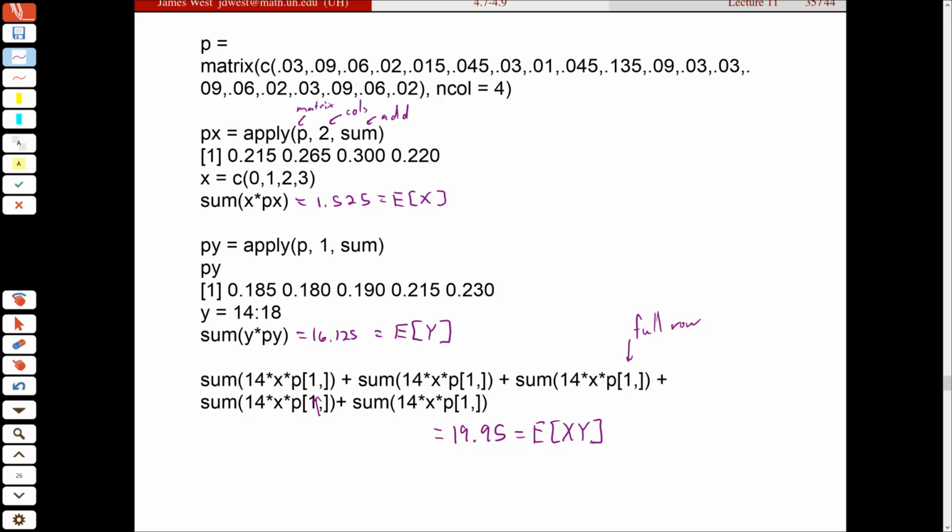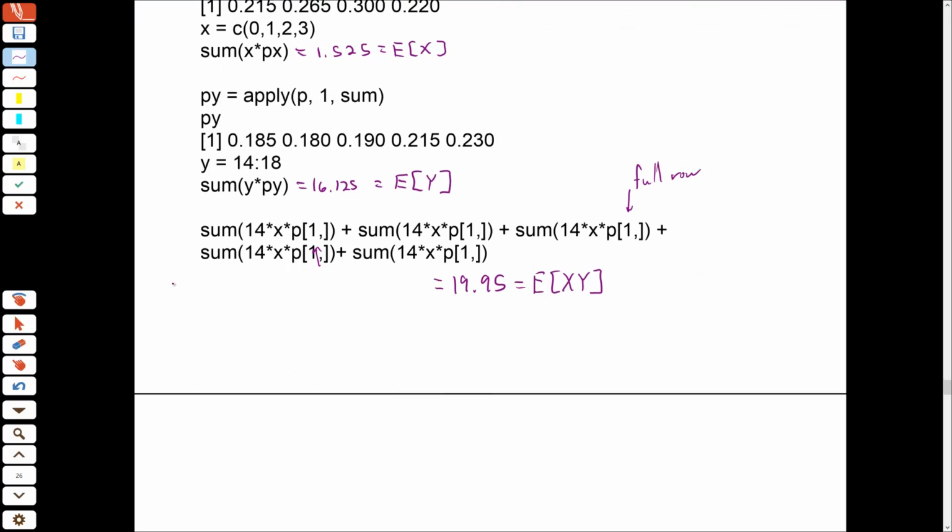So that is quite a bit shorter. So note, if I type P, M, comma, that will give me row M. Whereas if I typed P, comma, N, that will give me column N.